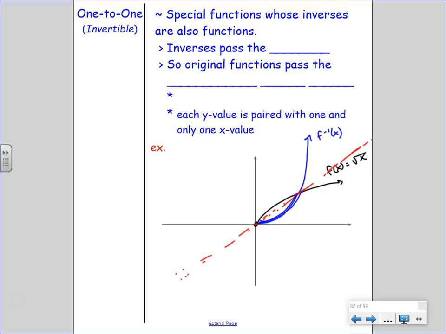True? What 1-to-1 means is 1 point at one x value on one graph, the graph of the function, will map to, it's a very mathematical way of saying it, will map to 1 point at one y value on the inverse.